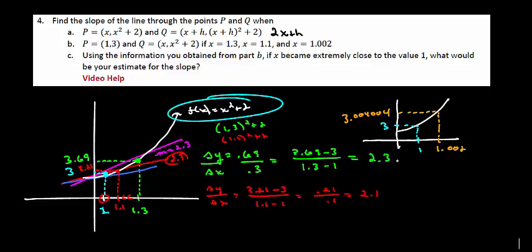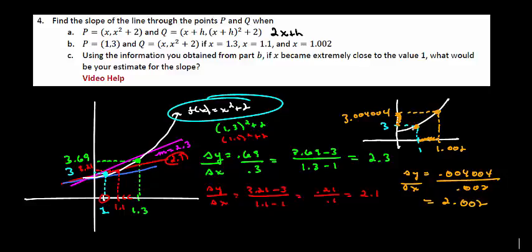Okay, so what is the change in the y value? Well, the change in the y value is this length right here, which is 0.004004, and the change in the x value is 0.002, right? It's this length right here. And so if I take that number divided by 0.002, I'm going to get 2.002.